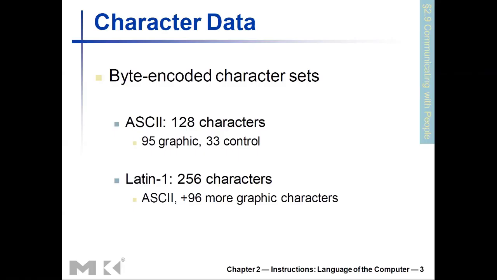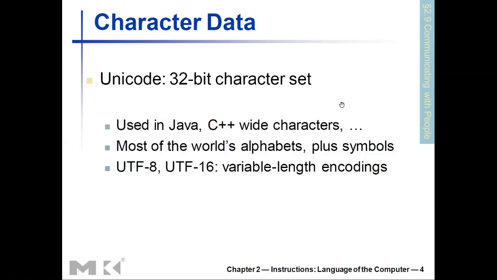Seven bits. Yes. So with 7 bits, you can achieve 128 different combinations, and therefore different characters. And for Latin 1, since it supports 256 characters, it needs 8 bits. So with 7 and 8 bits, you can only go for 128 and 256 characters.